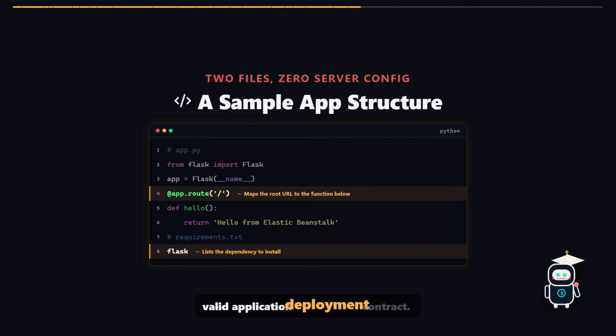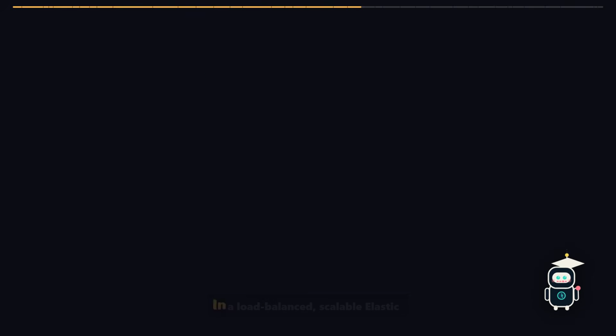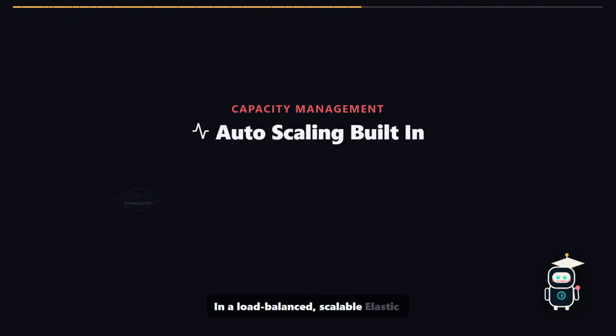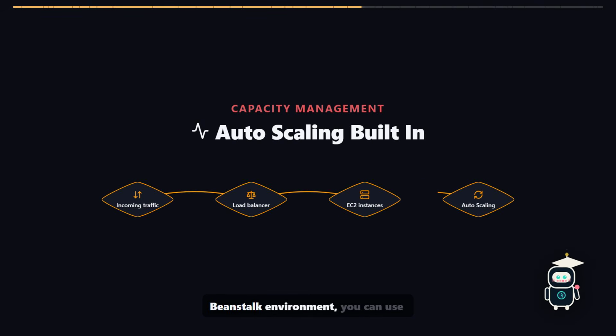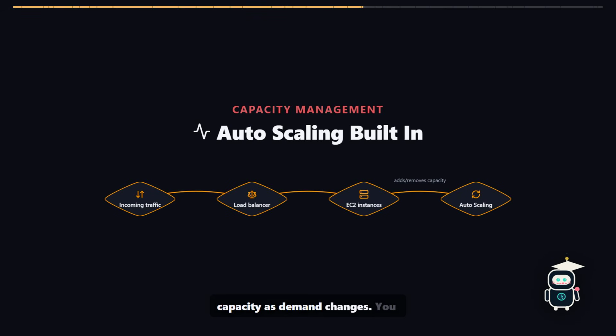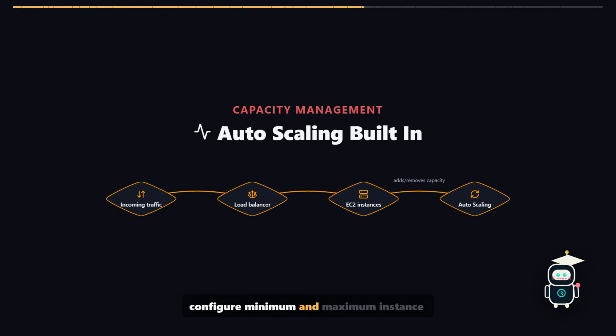In a load-balanced, scalable Elastic Beanstalk environment, you can use EC2 auto scaling to adjust capacity as demand changes. You configure minimum and maximum instance counts, then choose scaling triggers or policies that match the workload.